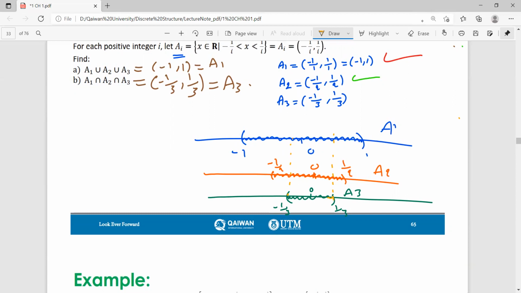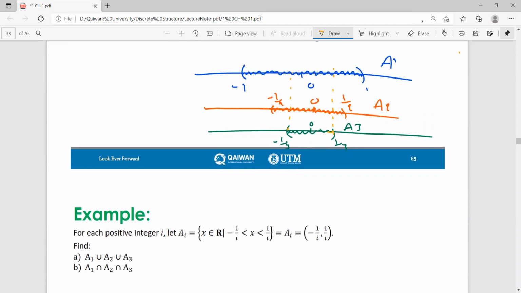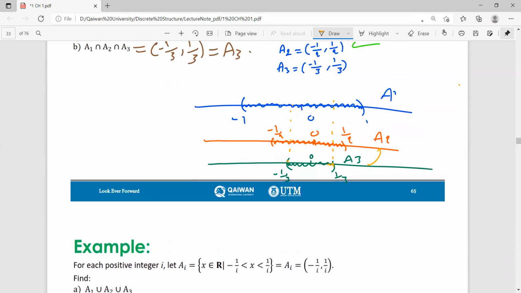But the union is the union of all sets. A3 union A2 is A2, and A2 union A1 is A1, because A3 is a subset of A2, and A2 is a subset of A1.